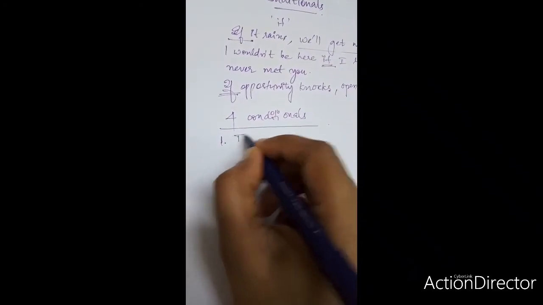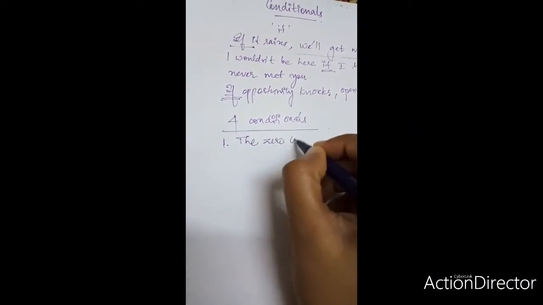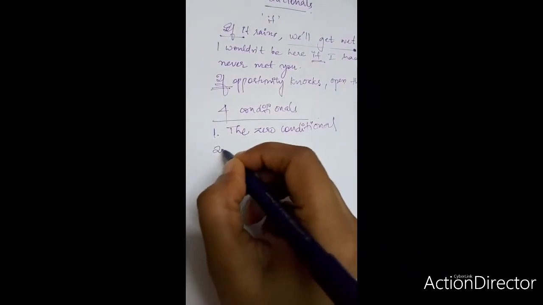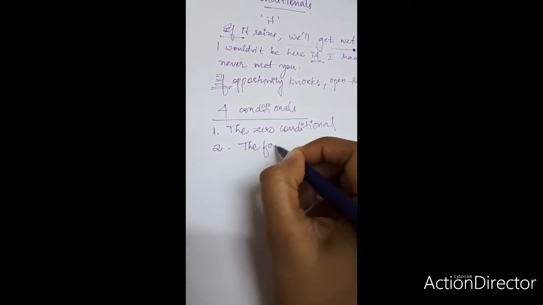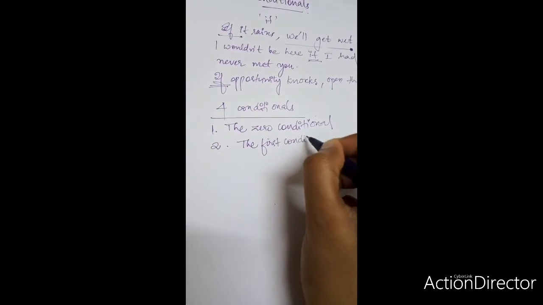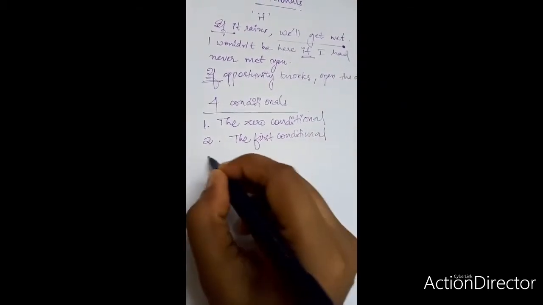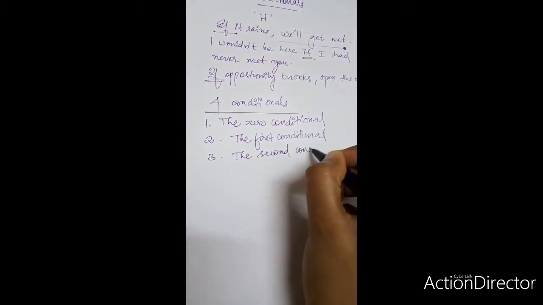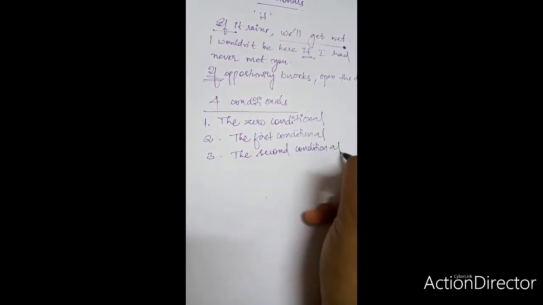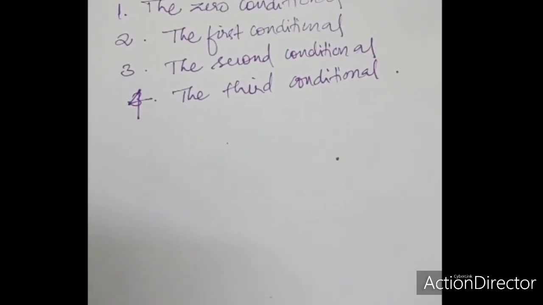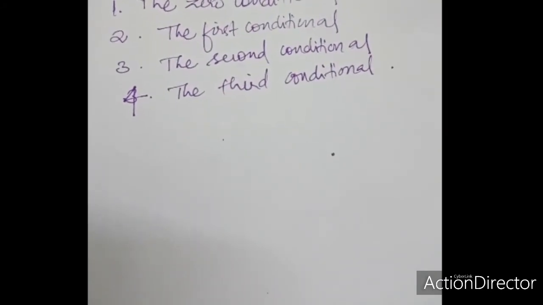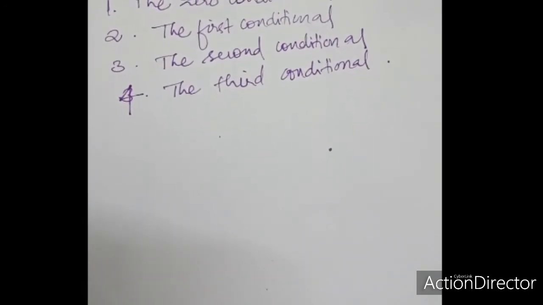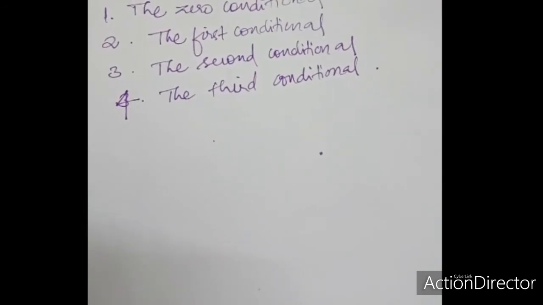First one is the zero conditional, the first conditional, the second conditional, and fourthly, the third conditional. These are the 4 conditionals that exist in our English language. So I'll be explaining one by one.